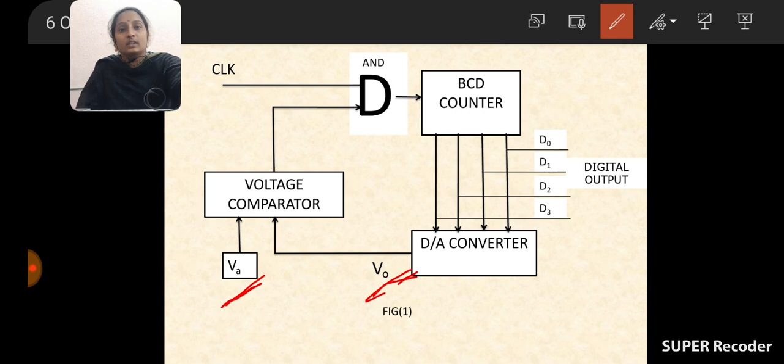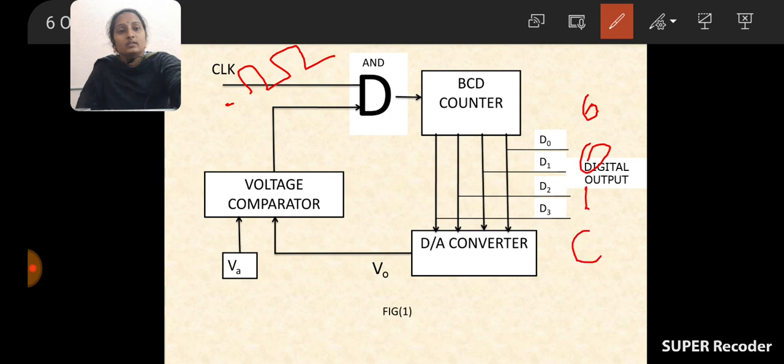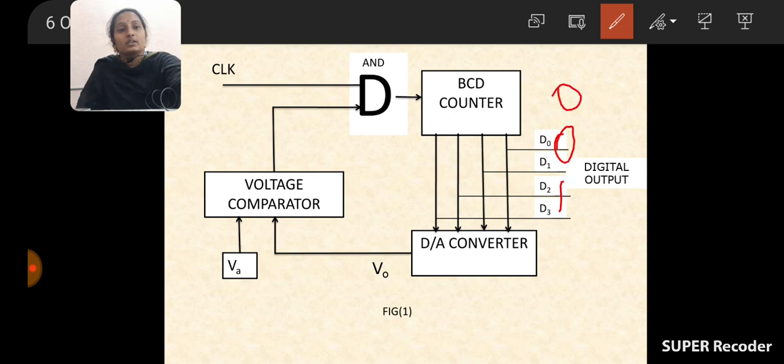If it counts 2 clock pulses, it will give that count in binary value 0 0 1 0. If it counts 3 clock pulses, it will give 3 in binary form 0 0 1 1. This is the function of the BCD counter.